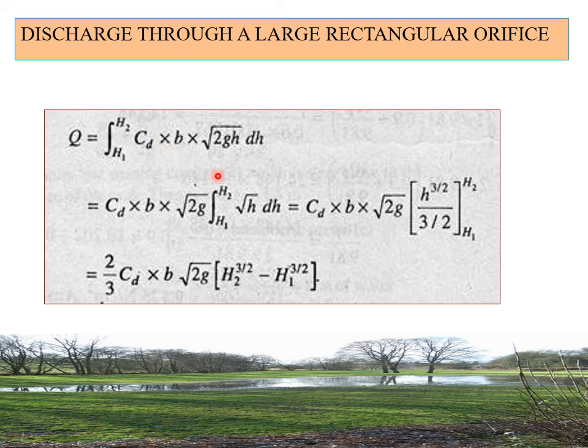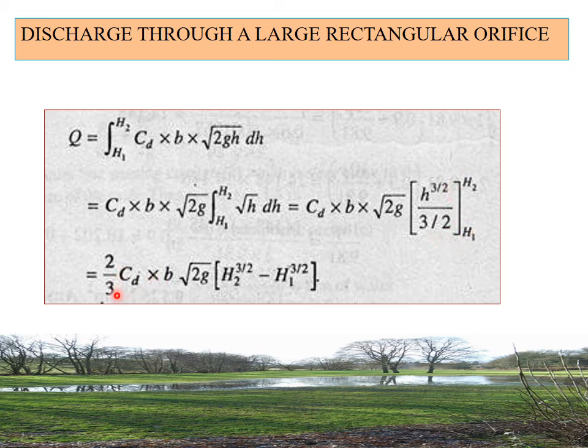Integrating from h1 to h2 of Cd into B into square root of 2g into square root of h dH. You already know that integrating h to the power n dH gives h to the power n plus 1 divided by n plus 1, so h to the power 3 by 2 divided by 3 by 2, between h1 and h2.